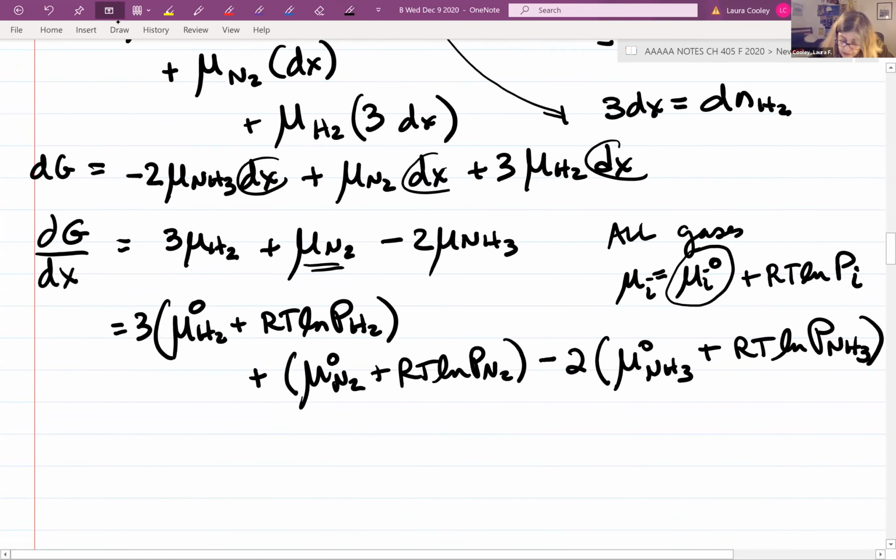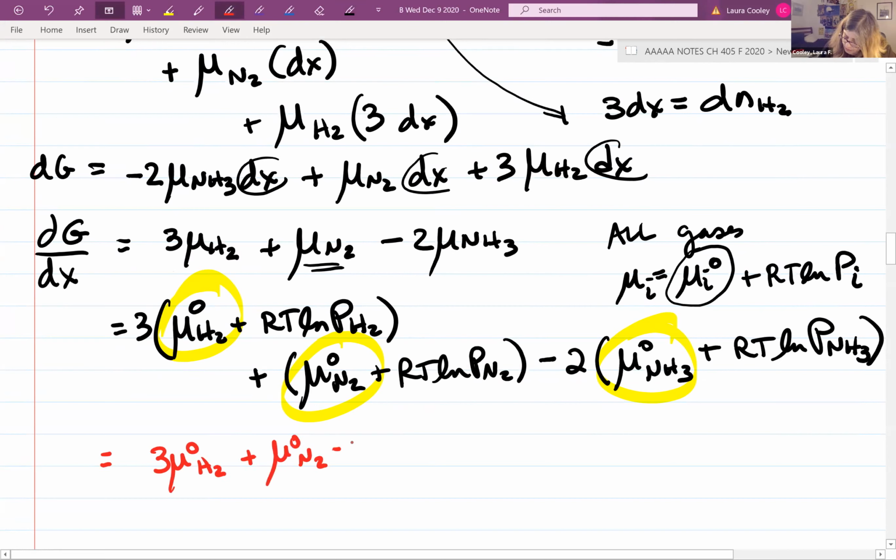And all of these standard ones, they move over, they'll be taken out. So we have 3 mu zero H2 plus mu zero N2 minus 2 mu zero NH3.